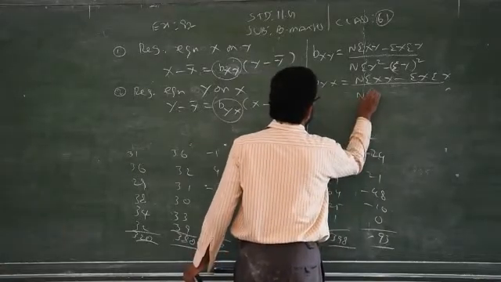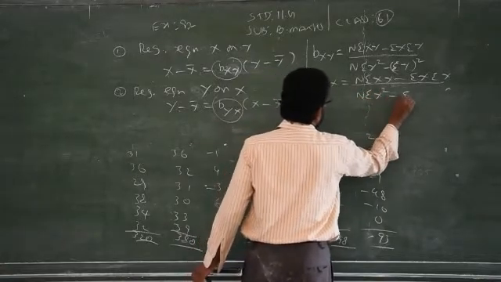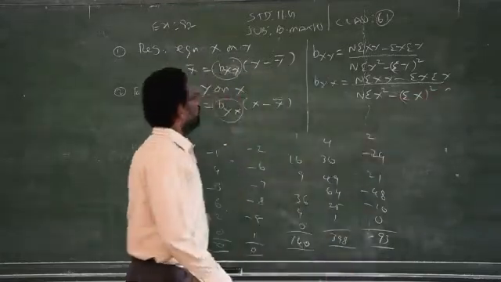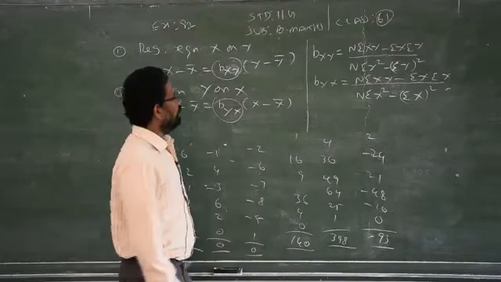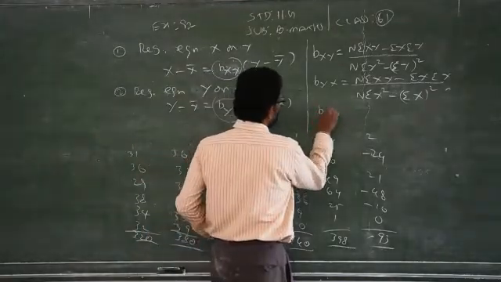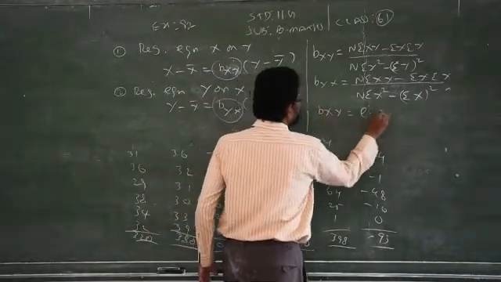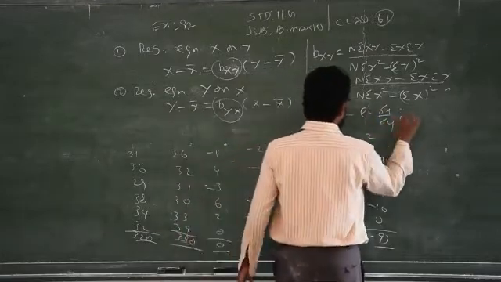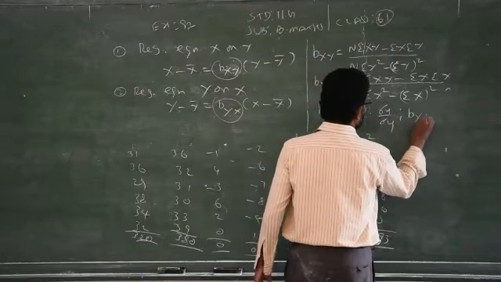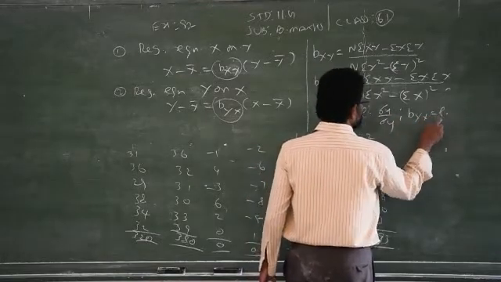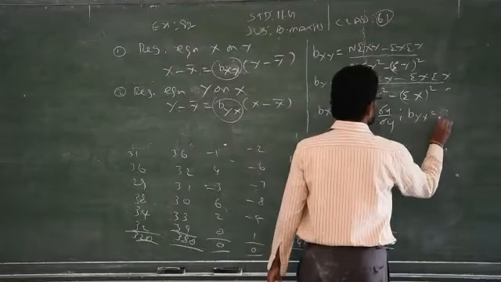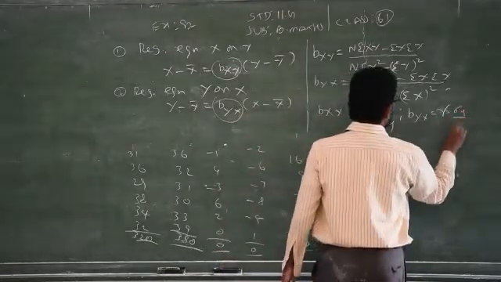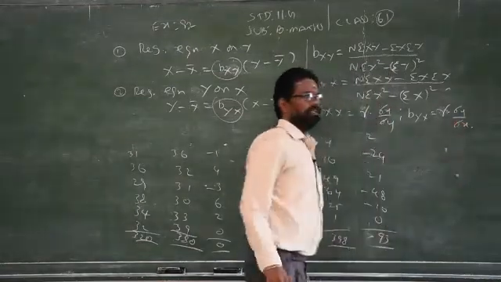This is not the only formula to find b_xy or b_yx. We have a different formula: b_xy is equal to rho into sigma x by sigma y, one formula, and another formula for b_yx, that is rho, the correlation coefficient, you can say r, into sigma y by sigma x, that is standard deviation. Clear?